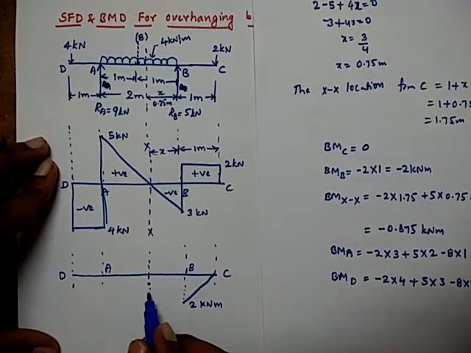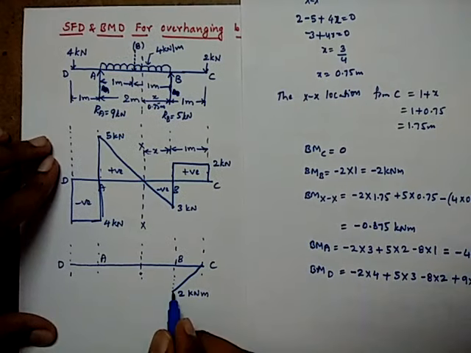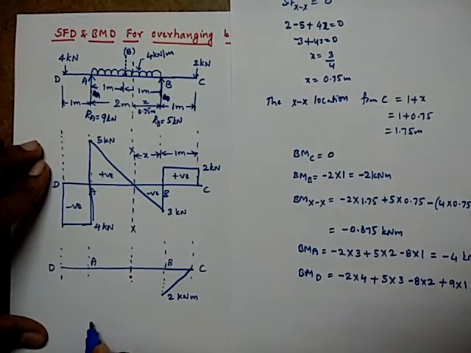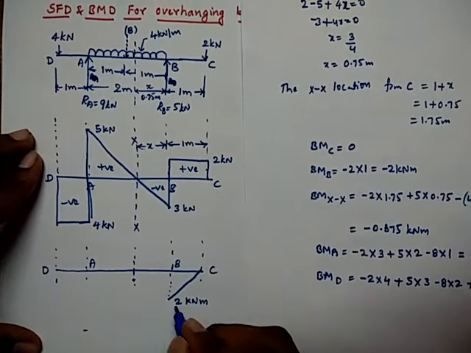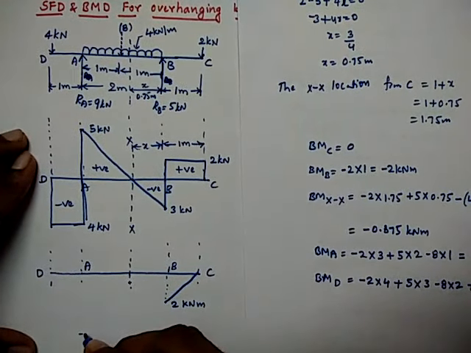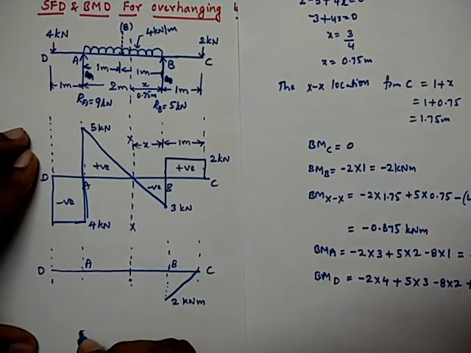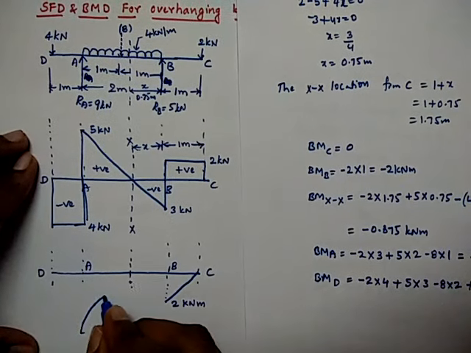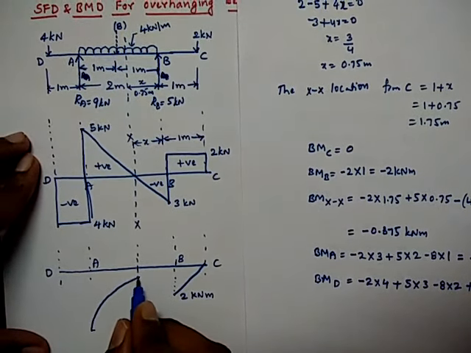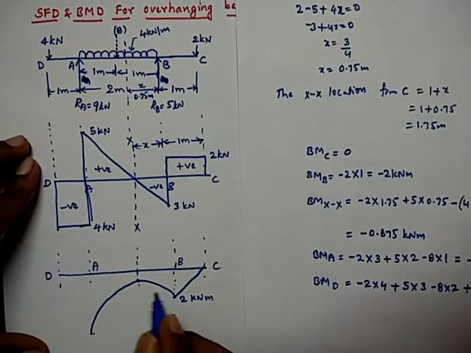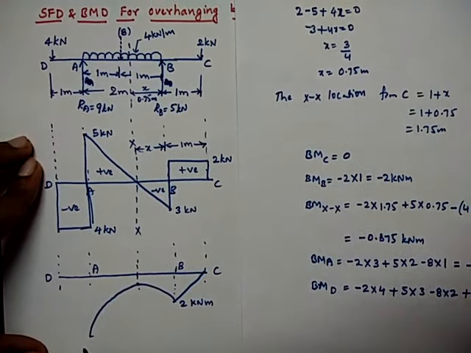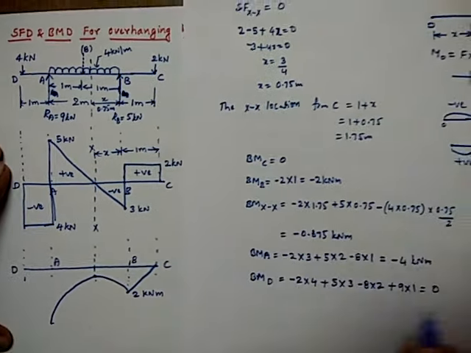So minus 0.875 to minus 4, suppose if you take this as minus 2 and minus 4, maybe this much. Here it should be a parabolic curve between these 2 points, such that we should get a peak point here, and after this peak it should go like this. So this total is a parabolic curve here, and then minus 4 to 0.